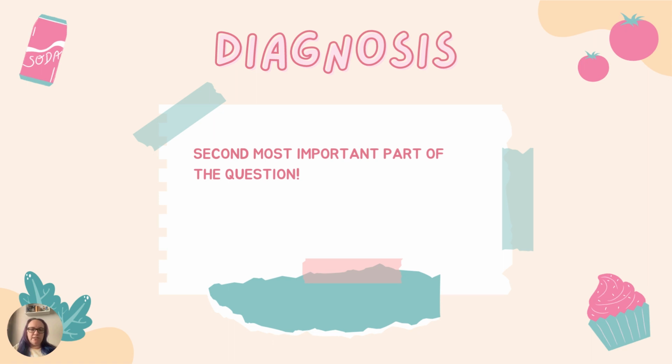The next thing you're going to see is the diagnosis. This is the second most important part of the question. So, for example, you might see a 66-year-old female with COPD. That would be age, gender, and diagnosis. So keep in mind, COPD, chronic condition.